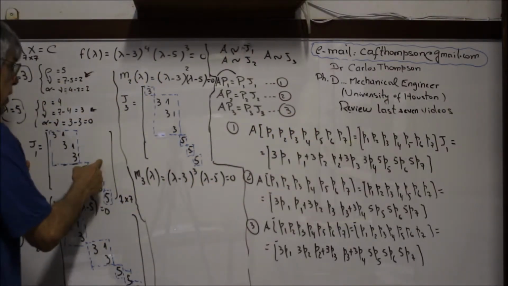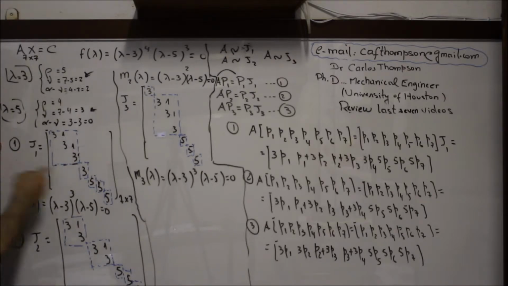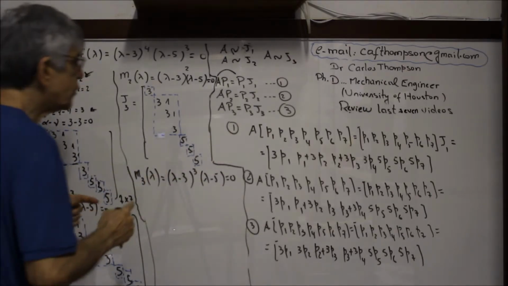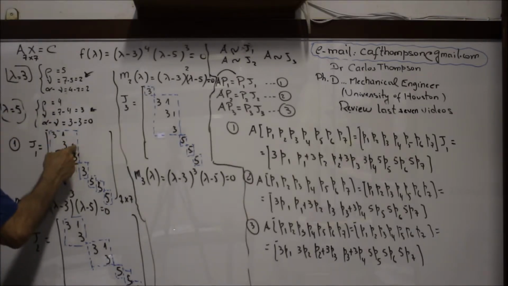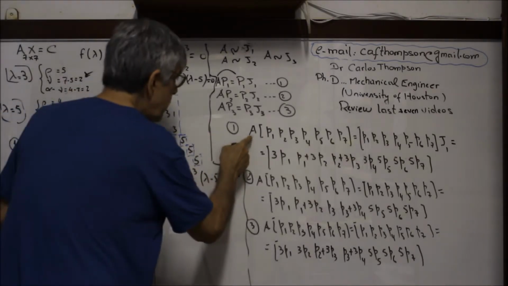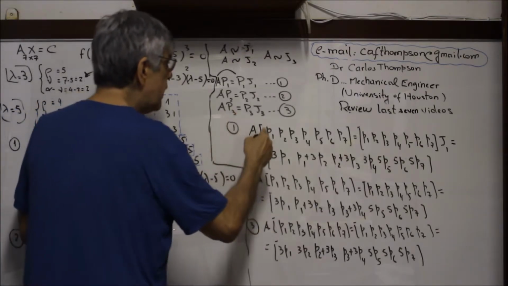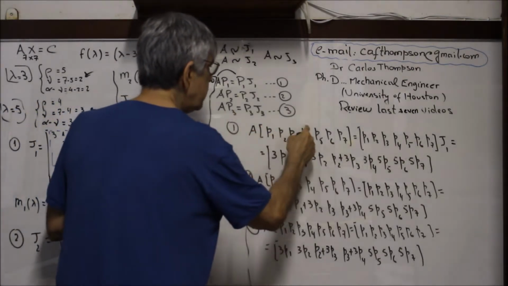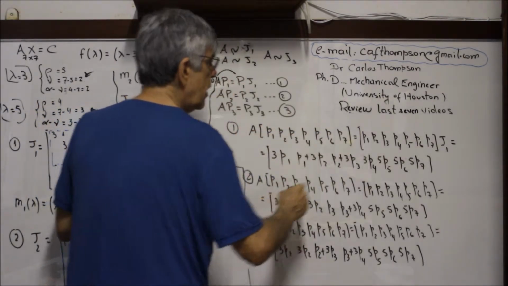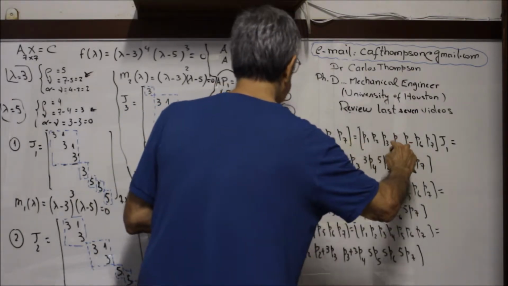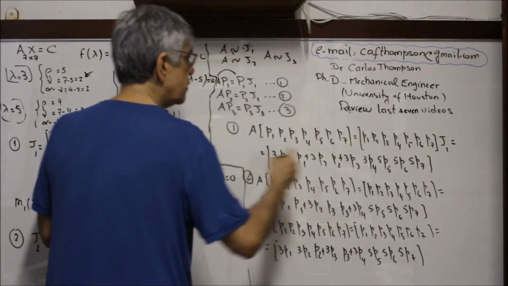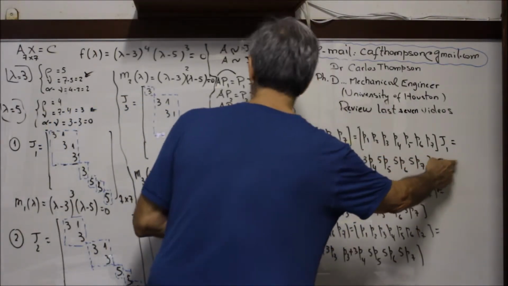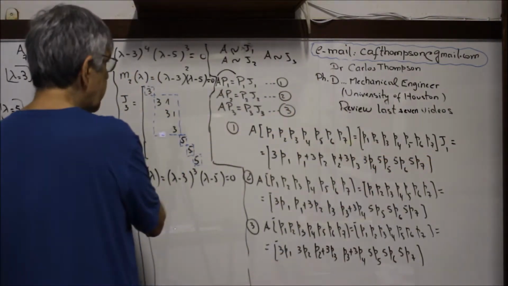From here, there's case 1. I will write here: case 1, you have 1 here and 1 here. A operating on P1, P2, P3, P4 to P7 will be something here. AP is equal to P times J1. You see this J1 here is the J1 here.